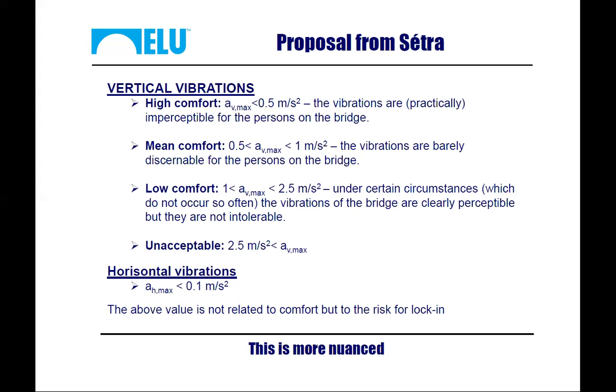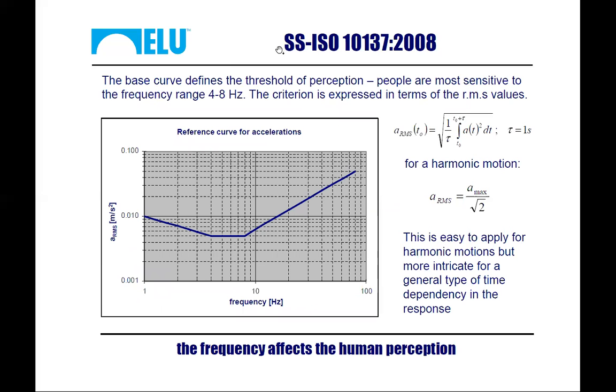This is not quite the way in which, for instance, the ISO norms will express the threshold values for the accelerations. The ISO norms will give you a base reference curve. You see it here on the slide, which will be dependent on the frequency. So as you see here, the lowest value will be between 4 and 8 hertz.